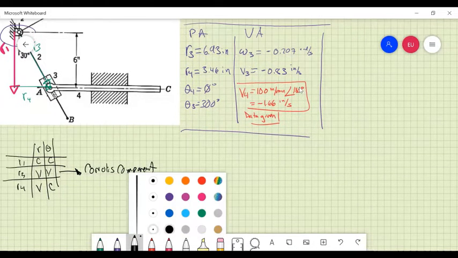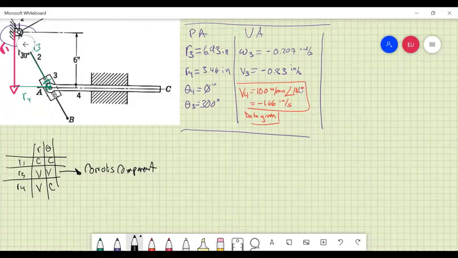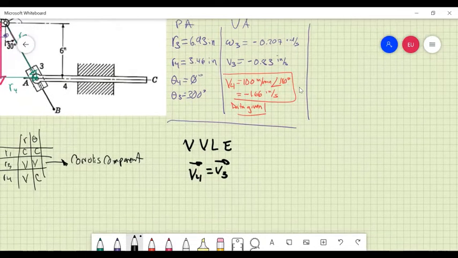The velocity vector loop equation was simply v4 equal to v3. You remember? If not, check your notes. You should find this equation here.